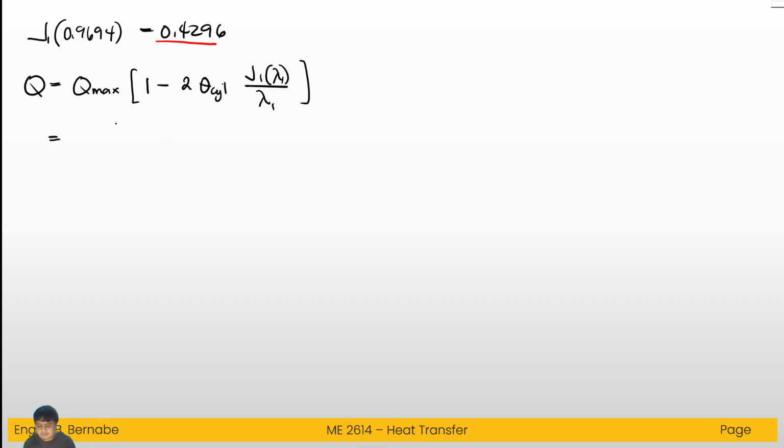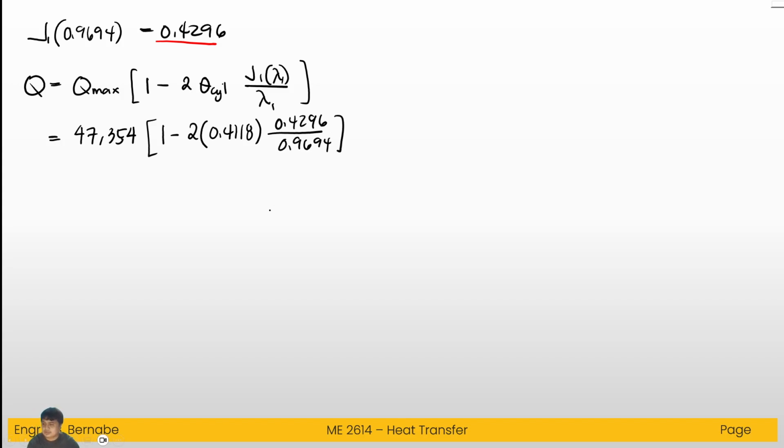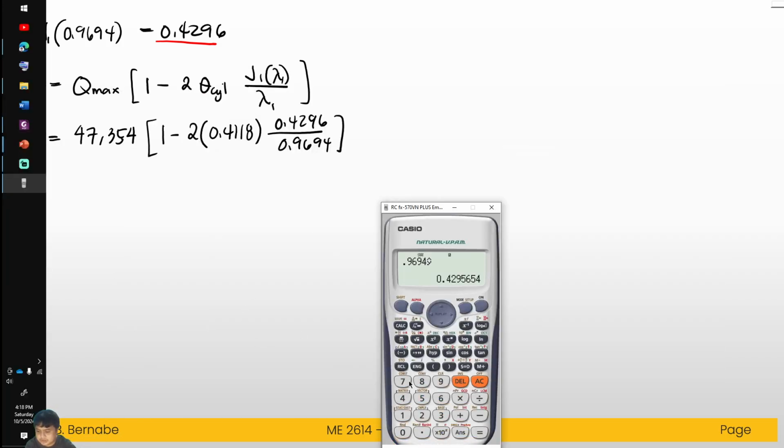You have 47,354 kilojoules, and then 1 minus 2 times theta cell, which is 0.4118. And then you have the Bessel function 0.4296, and then the lambda is 0.9694.